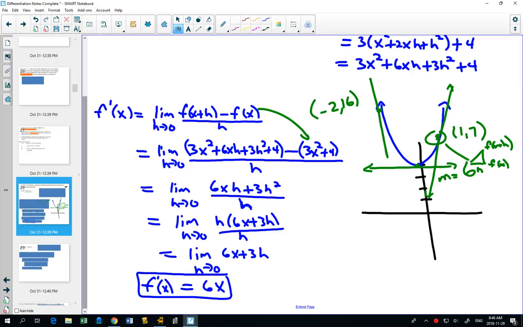What is the slope of this line going to be? -12. And we can get that from the derivative equation. So what the derivative equation does is it finds the slopes of every single tangent line, no matter where you are on the curve.